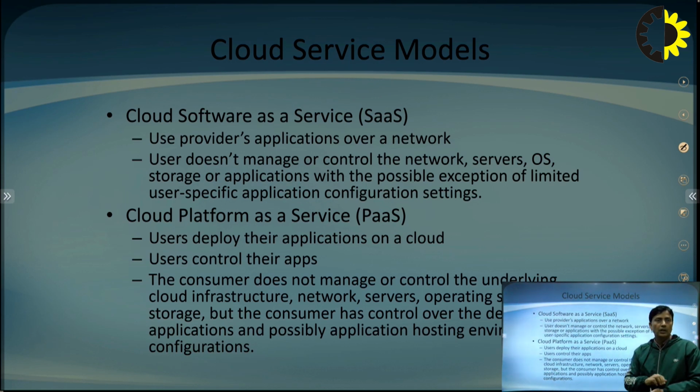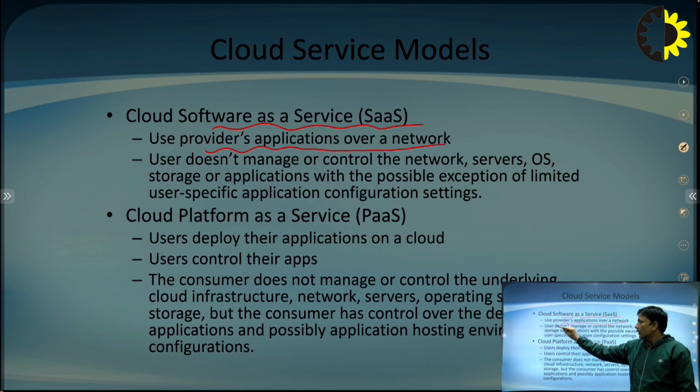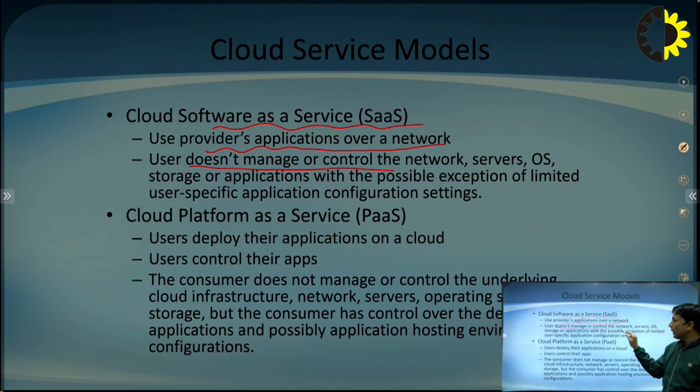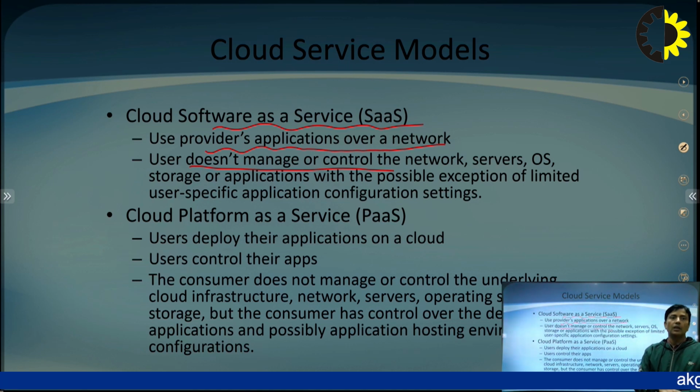When we talk about the cloud service model, we know that there are 3 types of services. First, cloud software as a service, SaaS. The user uses the provider's applications over the network. The user does not manage or control the network, server, operating system, storage, or application, with the possible exception of limited user application configuration settings.